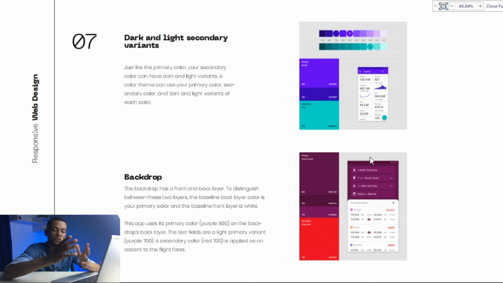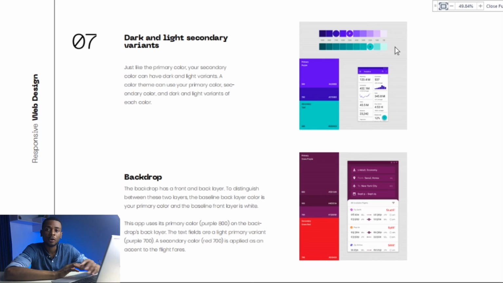And also, in different scenarios, light secondary variants. So you have similar things on different platforms. Just like the primary color, your secondary color can have a dark and light variant. So this is the secondary color of that interface that we looked at, and it has these dark variants, which is the same with this other option.